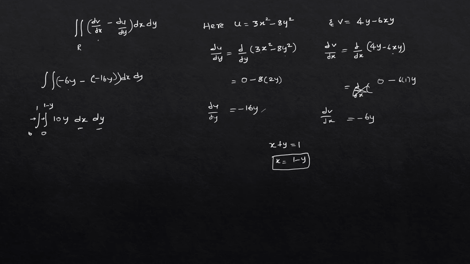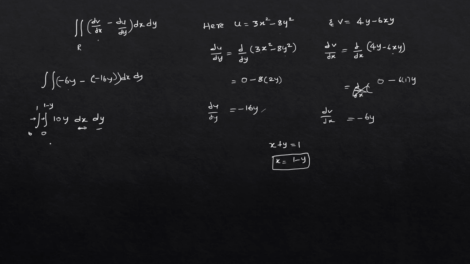See here, the inner limit is x. That means we have to integrate first with respect to dx, so we have to write the x limits first, in terms of the other variable, and the outer integral we write the limits as constants. So y limits are varying from 0 to 1, and x limits are varying from 0 to 1 minus y.